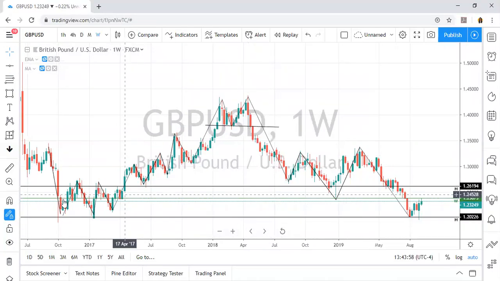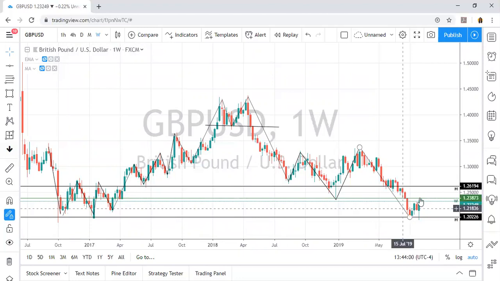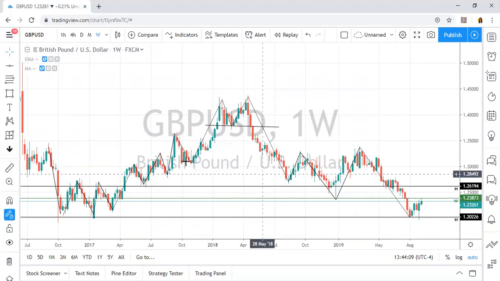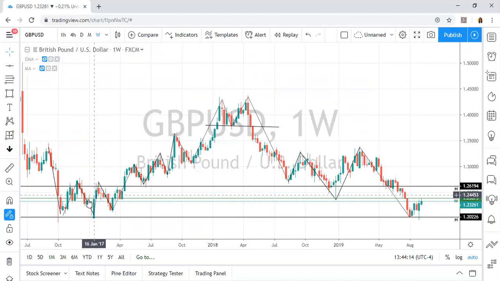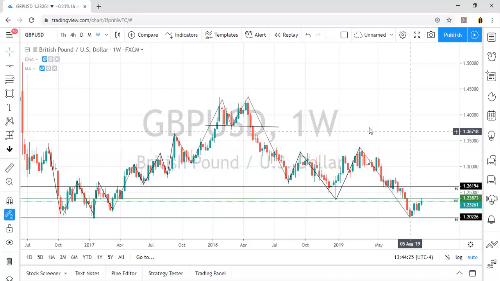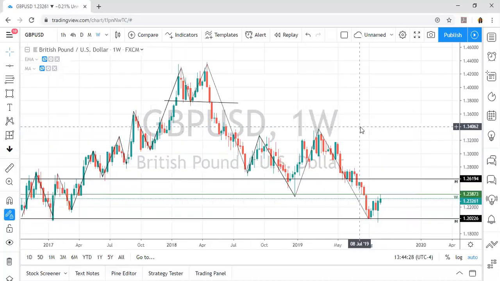So as you can see here, currently we have resistance, we have support, resistance, support, resistance, support. So this area played an important role on the weekly time frame.